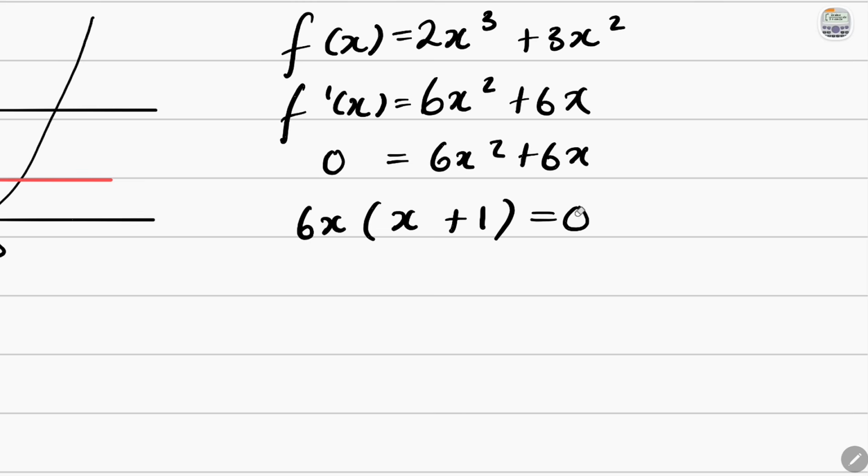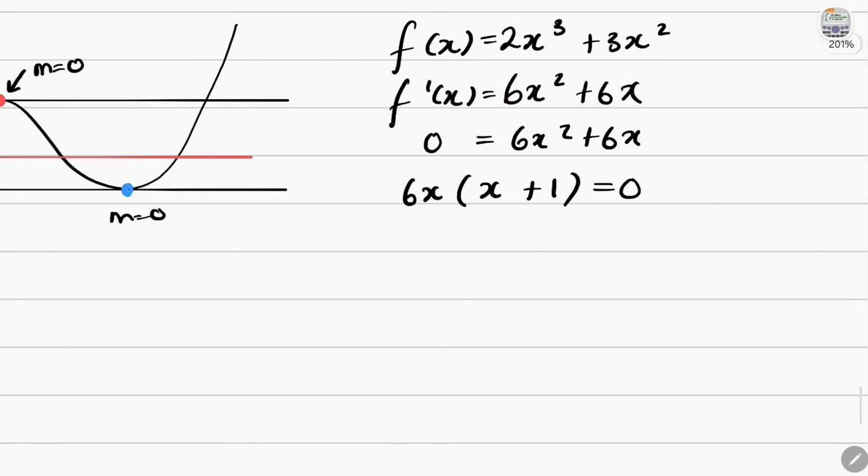So 6x times (x plus 1) equals 0. Something multiplied by another thing gives you 0, so either the first factor is equal to 0 or the second is equal to 0. Therefore, x is either equal to 0 or x is equal to negative 1.